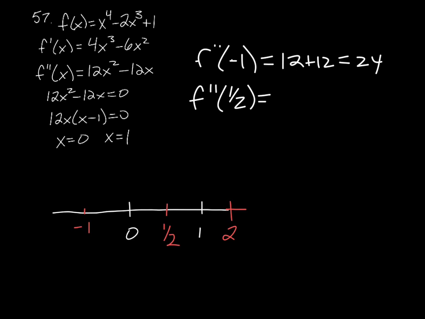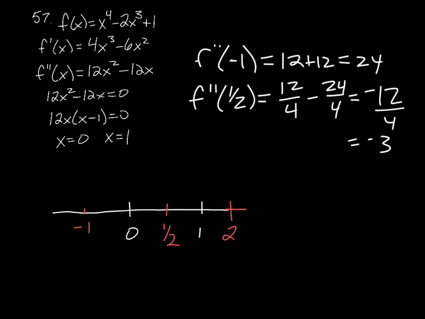Let's see, that's 12 over 4 minus 6. So 6 would be 24 over 4, right? So then that's negative 12 over 4, so negative 3. I'm not sure why I did them with fractions, but it works out negative 3.